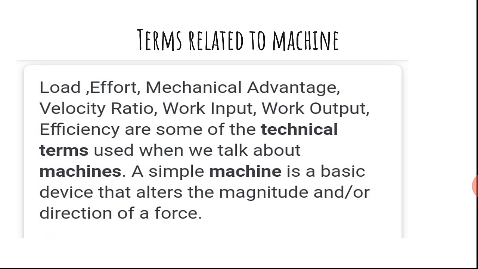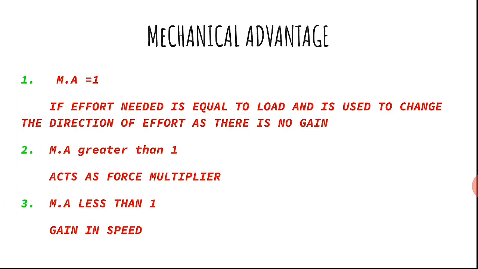One important note is that due to friction and weight of the moving parts of a machine of a given design, its velocity ratio does not change, but its mechanical advantage decreases, and so its efficiency also decreases. Then we have MA. If MA is equal to 1, then the force needed is equal to the load.